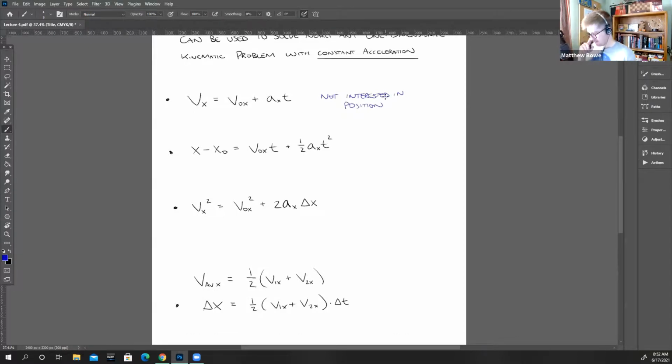Second one is very useful. Just a little note, but you need a lot of the variables. You need at least 4 of the 5 variables.